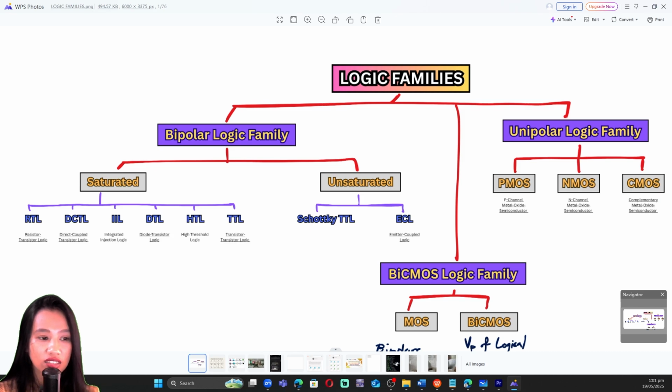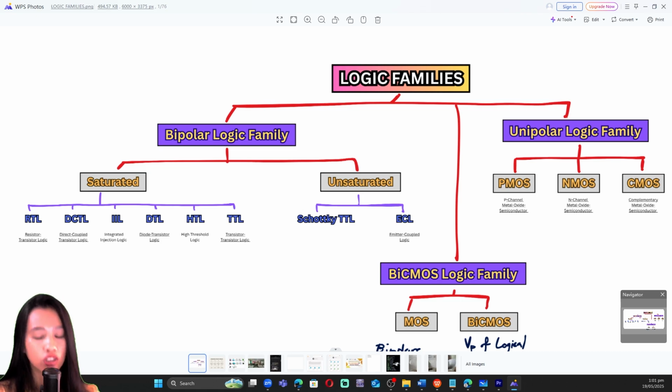Yung key characteristics ng ating bipolar logic family is historically they are faster compared sa itong mga early MOS natin. You have the unipolar logic family. Compared with this one, they're kind of faster. Okay? They also have a higher current drive because BJT can provide more output current.